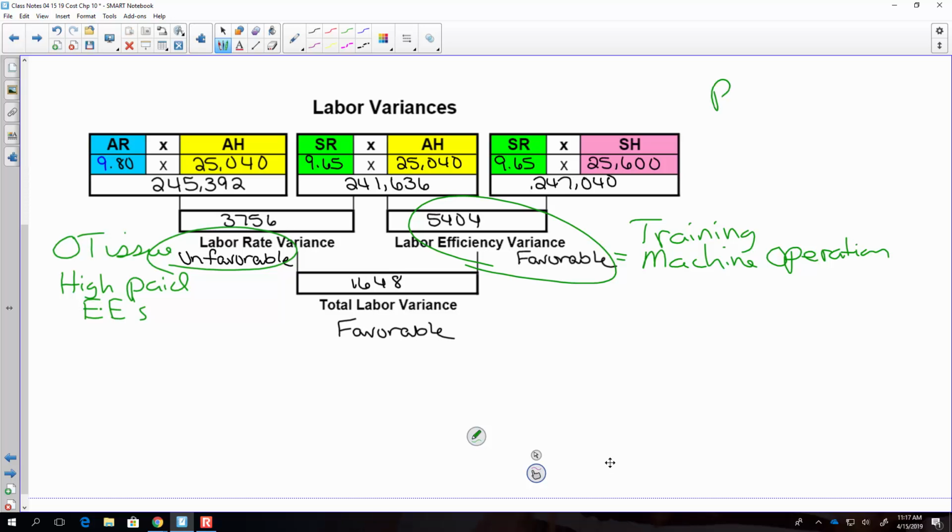So our production was at 12,800. That's how we got this, by multiplying by the 2 hours, right? Again, 25,600 hours. So a favorable variance lends itself to a very efficient operation. So that's very good.